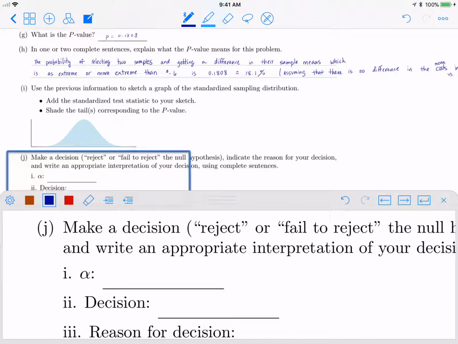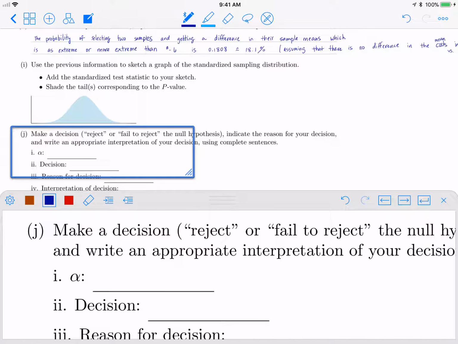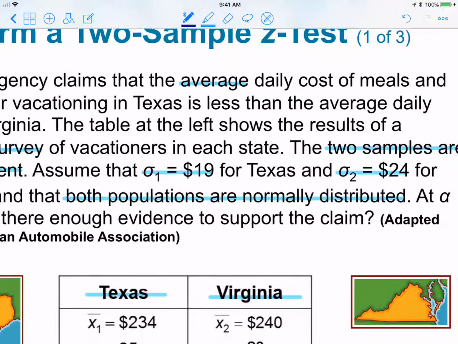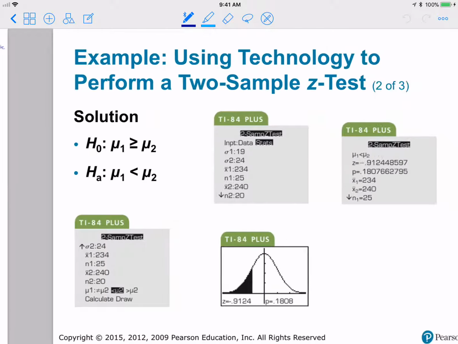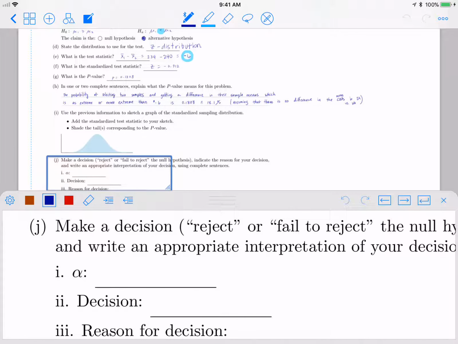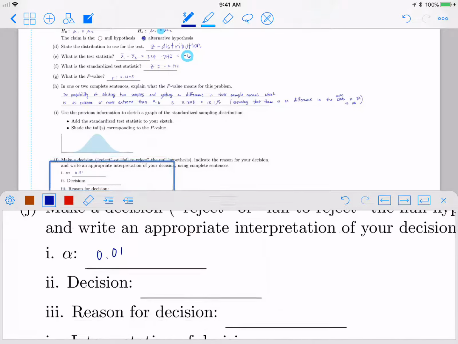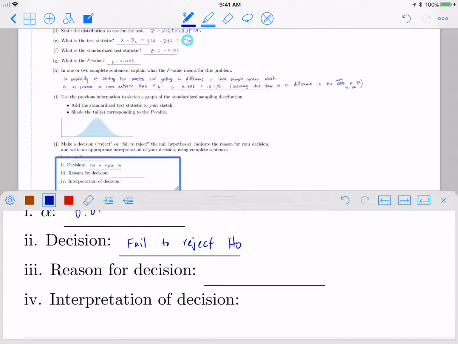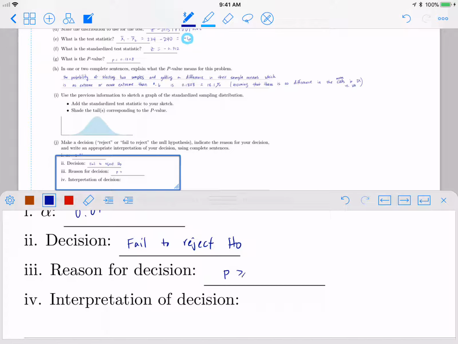So for our decision, what is alpha equal to? Alpha is equal to 1%, so alpha is equal to 0.01. And our decision is going to be to fail to reject H naught. Why? Because P is greater than alpha.